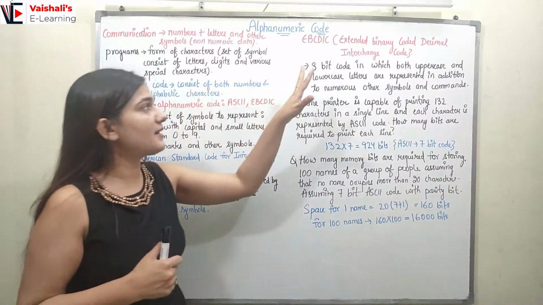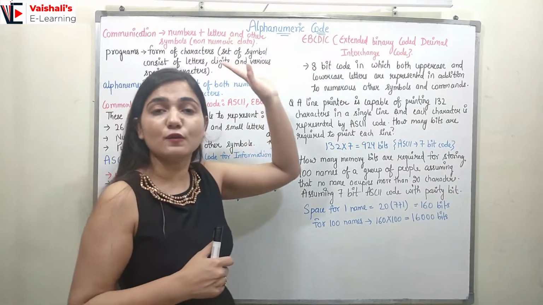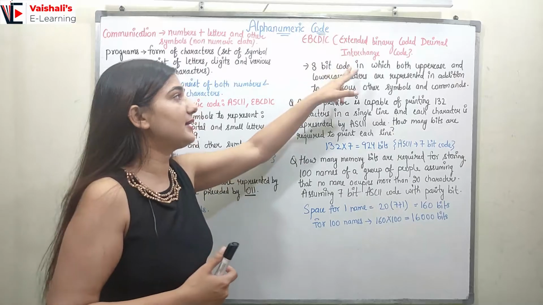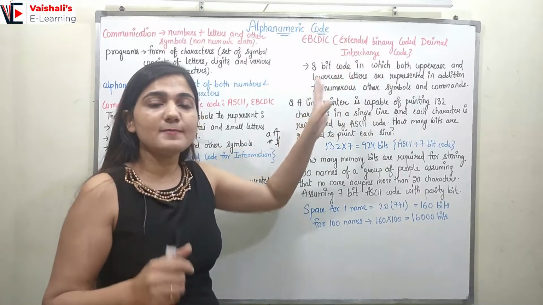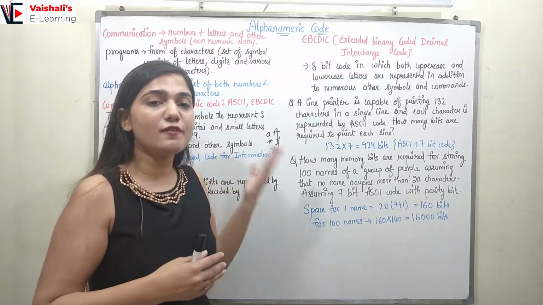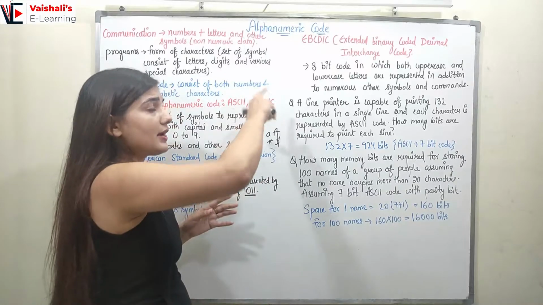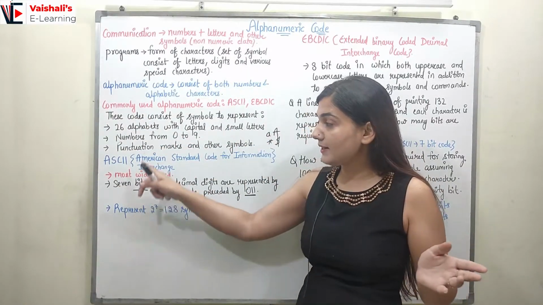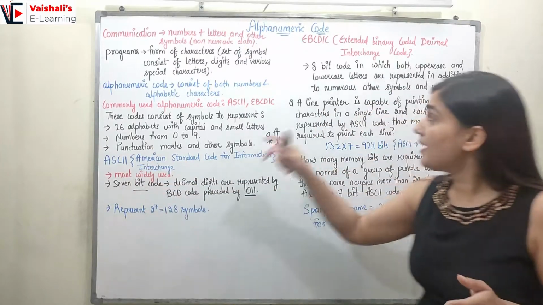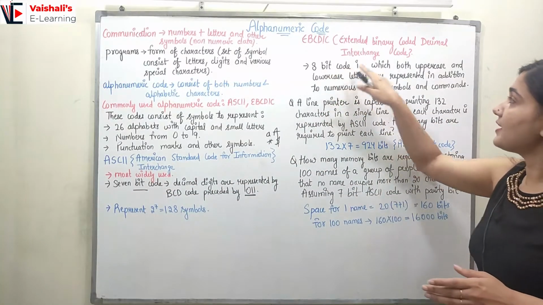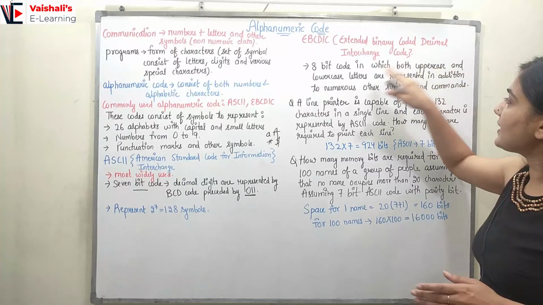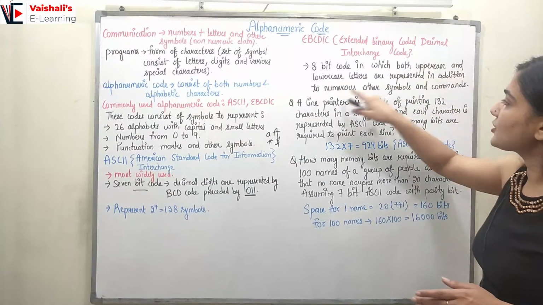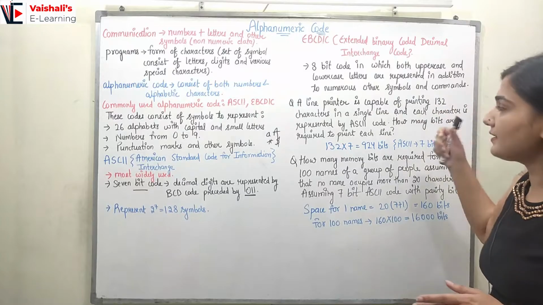So we have all of these commonly used abbreviations in the ASCII code. Now coming to the second type of code, that is the EBCDIC code. What is the full form? Extended Binary Coded Decimal Interchange Code, right? Now again, EBCDIC is an alphanumeric code, but here instead of 7 bits like we used in the ASCII code, we are using 8 bits, in which both uppercase and lowercase characters are represented in addition to numerous other symbols and commands.